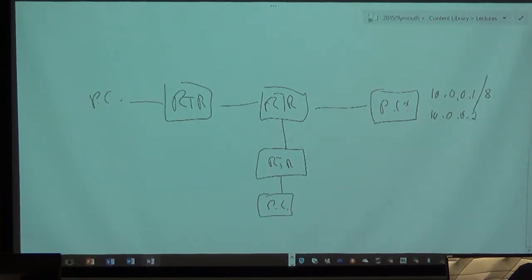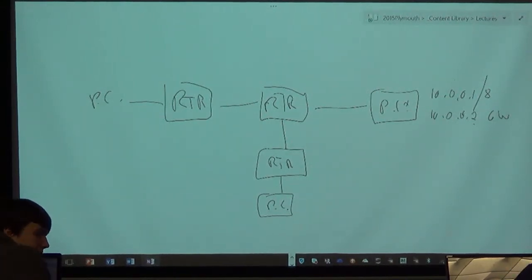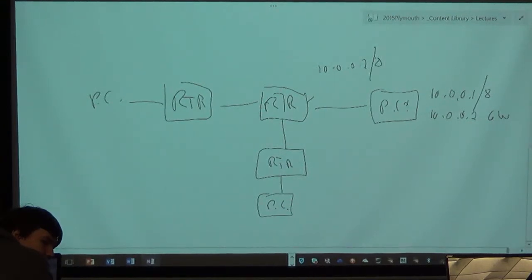Jill, where this 10.0.0.2 is the gateway, what would that also be the IP address of? Yes. So I assign that IP address here, 10.0.0.2. What's its subnet mask, Jill? Yep, 8-bit subnet mask.